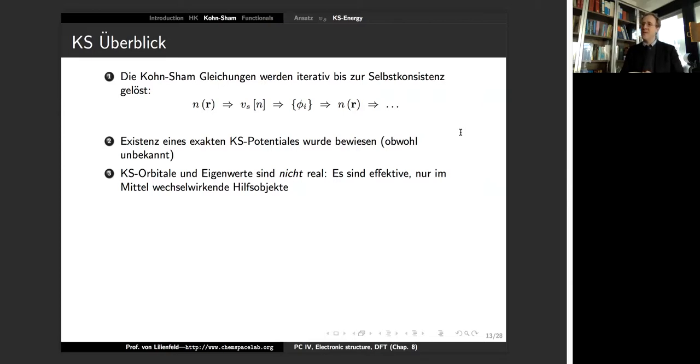This is important to remember. What is the true observable is, of course, what you approximate in terms of the total expectation value, right? So that is something that does not depend on your particular eigenvalues and orbitals.